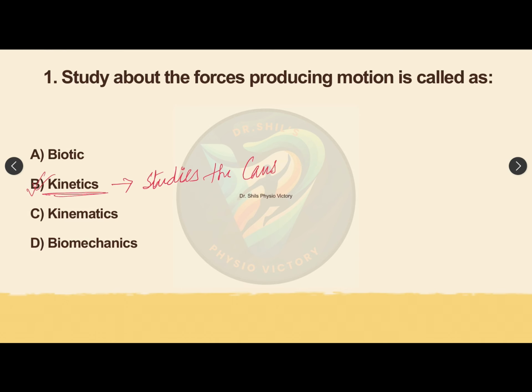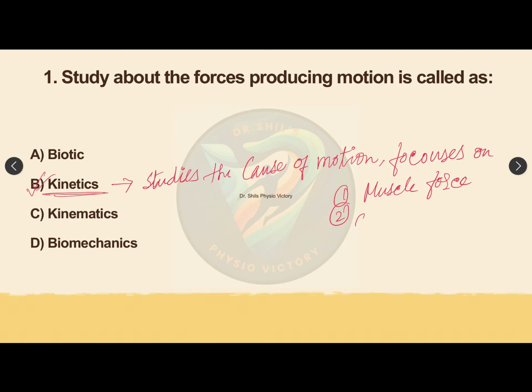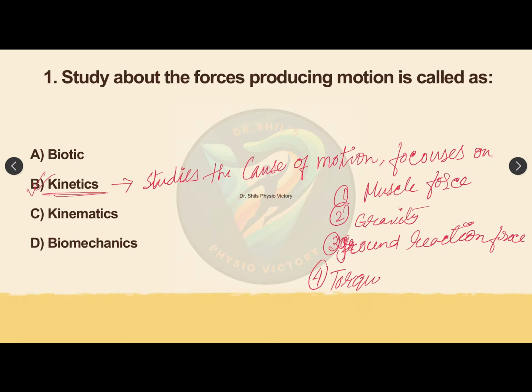The kinetics focuses on muscle force, gravity, ground reaction force, torque, and momentum.